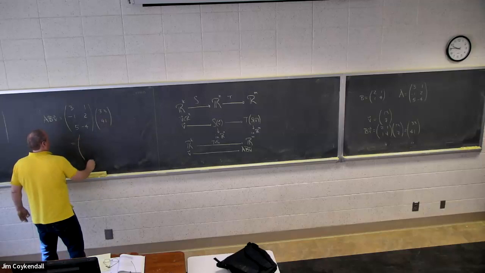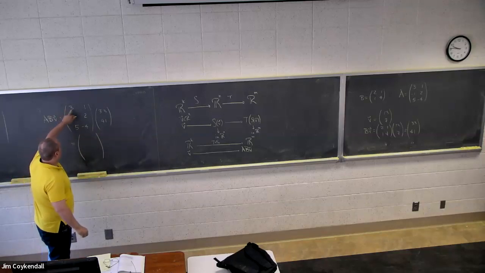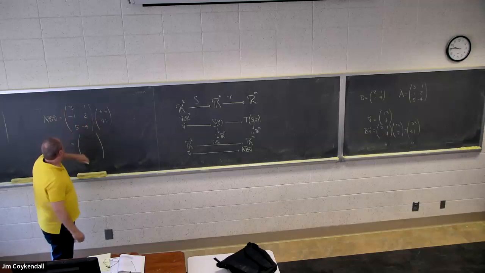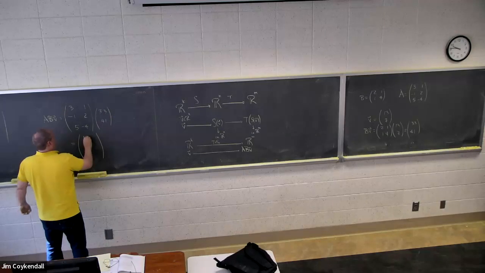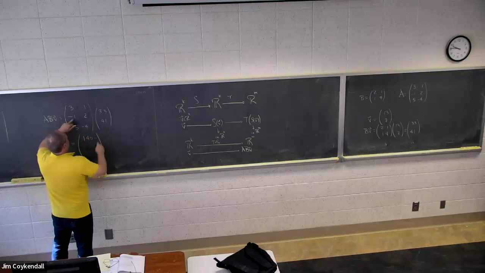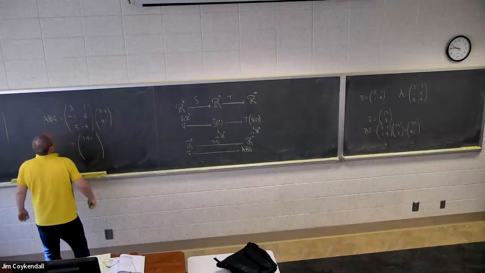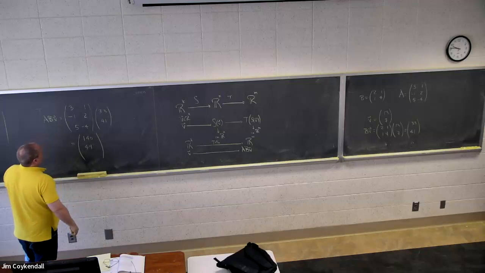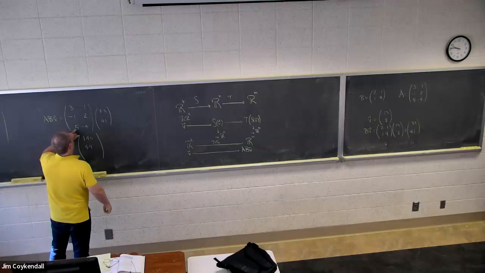Well, since this is a 3 by 2 and this is 2 by 2, I should get a 3 by 1 matrix, right? So this is 99 plus 41, it's 140. This is 82 minus 33, which is 49, I guess. Yes. And this is 165 minus 164. Wow.